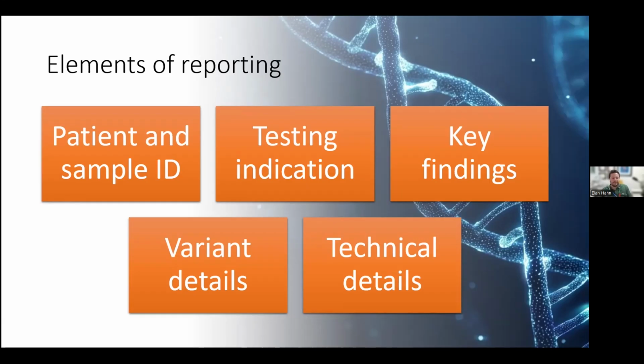Then to move on to the variant details, which would be the transcript ID, the codon change, amino acid change if applicable, variant allele frequency, our tiering and oncogenicity, and then including if the sample passed QC and what aspects may have led to it not passing, or in what areas did it not pass, depending maybe on poor coverage of specific areas or specific regions of panel genes for this indication that you didn't find.